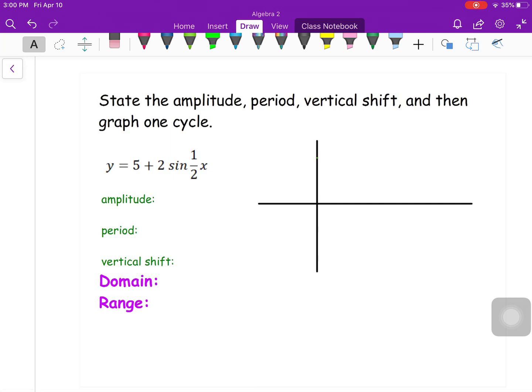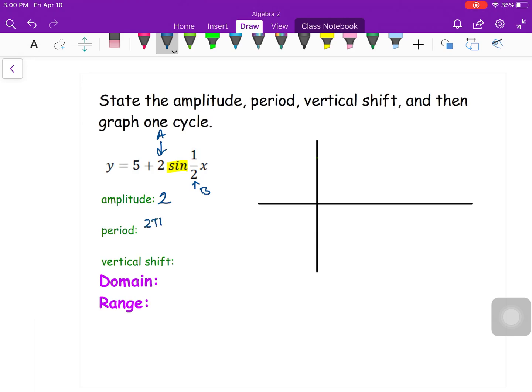All right, let's start graphing. We have y equals 5 plus 2 sine of one-half x. Our amplitude is always located in front of our trig function. So first let's find our trig function. It is sine. So the number in front of sine is 2. That is my amplitude. The number right behind sine is our b.